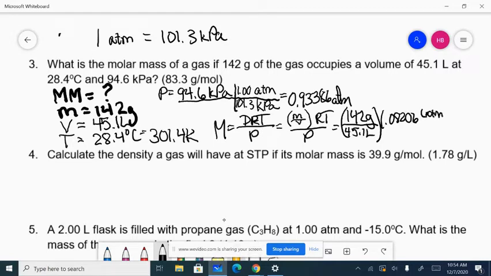I always use my units so I can check whether I'm making a mistake or not when my units don't cancel.